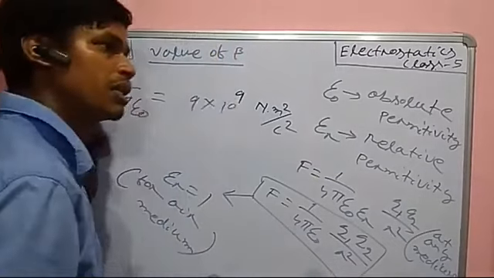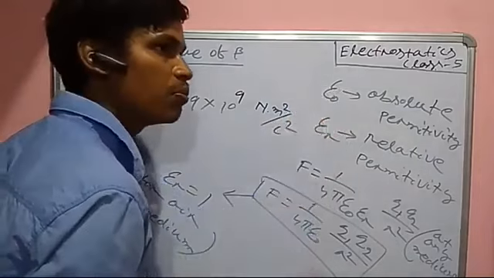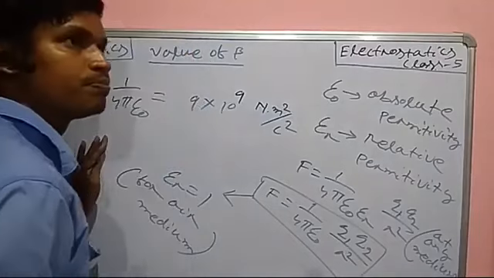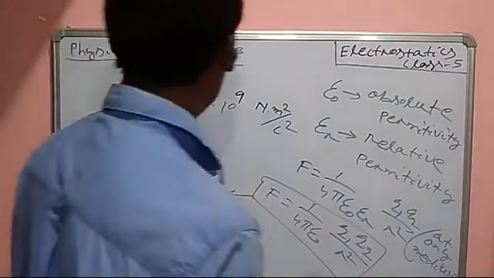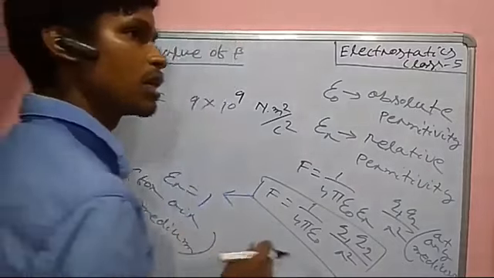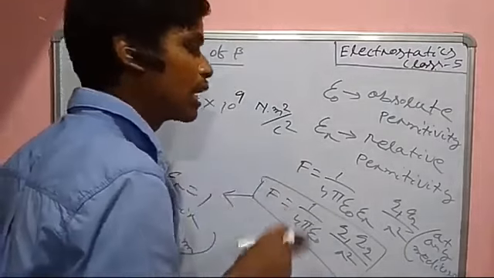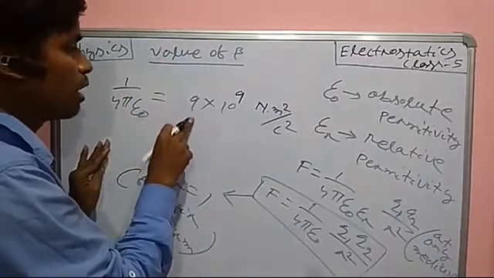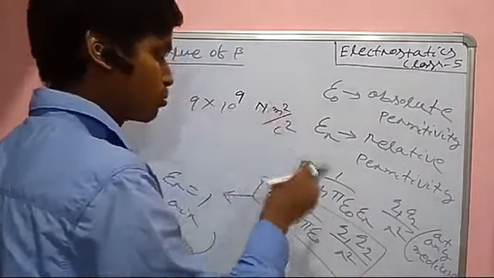The absolute permittivity is epsilon 0. The value of epsilon 0 is equal to 8.85 into 10 to the power minus 12 Coulomb square per Newton meter square. Putting the value of epsilon 0 in 1 by 4 pi epsilon 0, we get 9 into 10 to the 9 Newton meter square per Coulomb square.